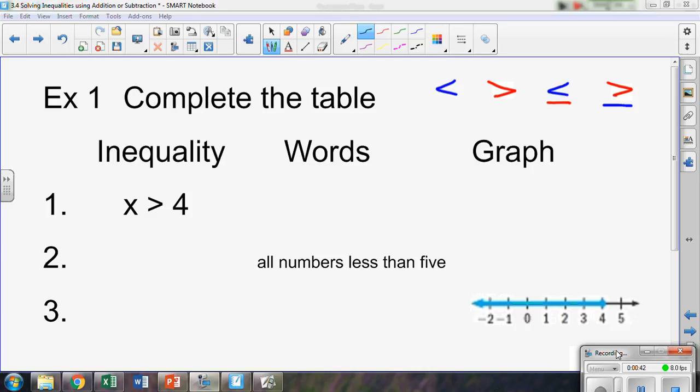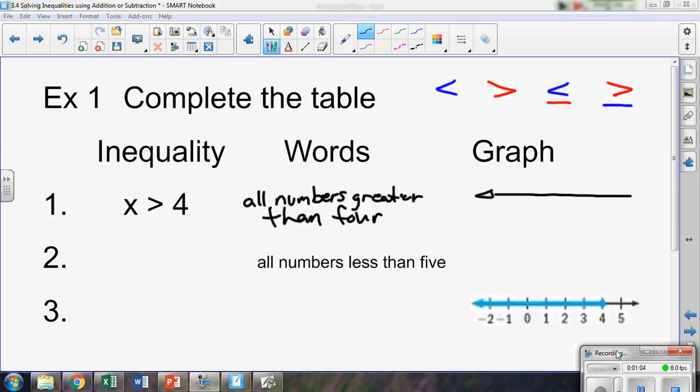here, x is greater than 4, we would simply be able to say, instead of reading it as x, that x represents all numbers. So in terms, we would say all numbers greater than 4. For its graph, we know that the graph will be centered around the number 4, so we'll need to have something, say 2, 3, 4, 5, 6, 7.